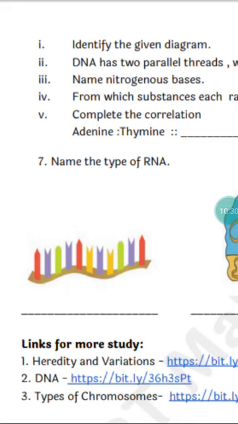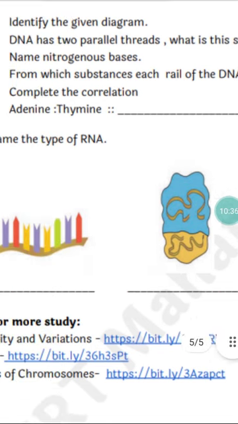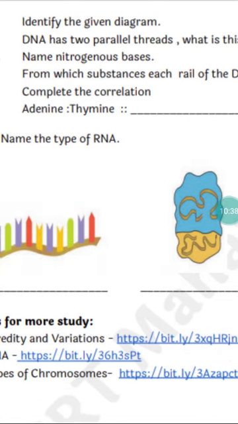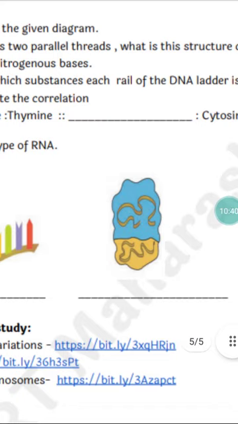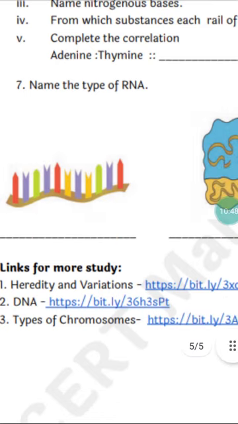Then complete the correlation. Adenine pairs with thymine. Then which pairs with cytosine? There are 4 nitrogen bases: adenine, thymine, cytosine and guanine. So you can write here guanine. Now name the type of RNA. For this you can refer to page number 183, types of RNA.